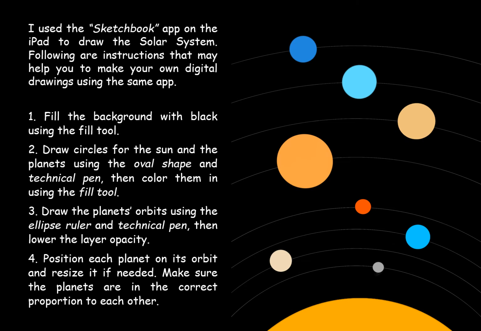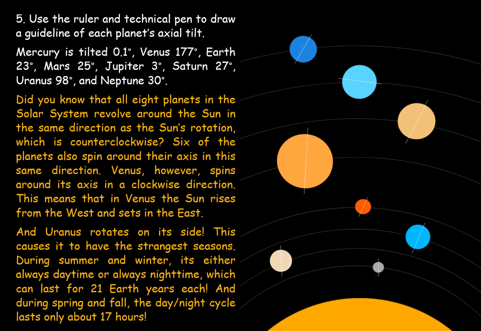4. Position each planet on its orbit and resize it if needed. Make sure the planets are in the correct proportion to each other. 5. Use the ruler and technical pen to draw a guideline of each planet's axial tilt.